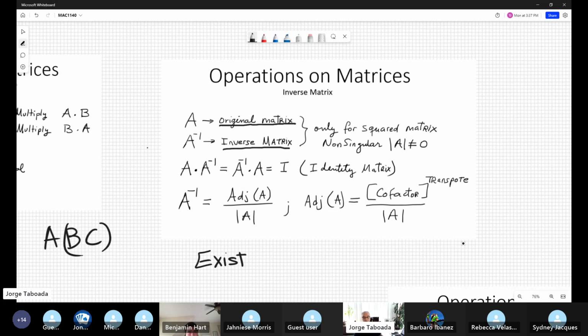on two conditions. Condition number one, the matrix must be square, not rectangle: 3 by 3, 2 by 2, 4 by 4, 5 by 5. And the matrix is non-singular. What does non-singular mean? A singular matrix is a matrix whose determinant is 0. A classical example: suppose in Cramer's rule, D is 0.